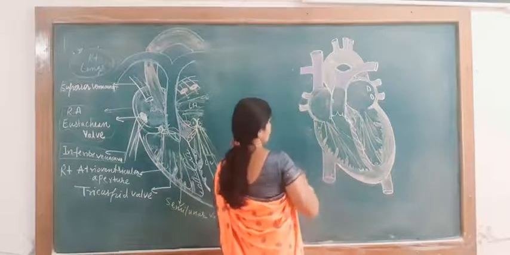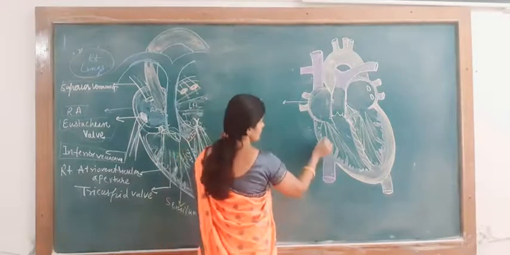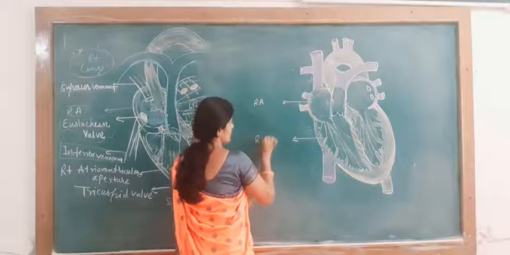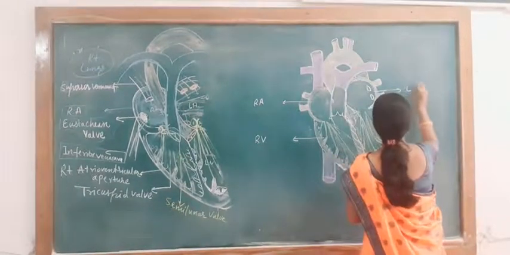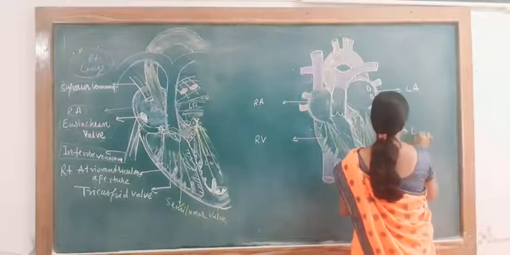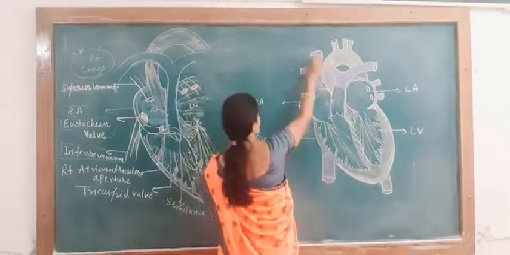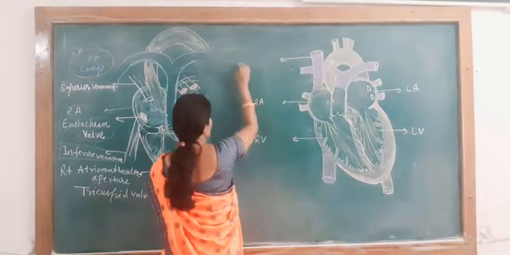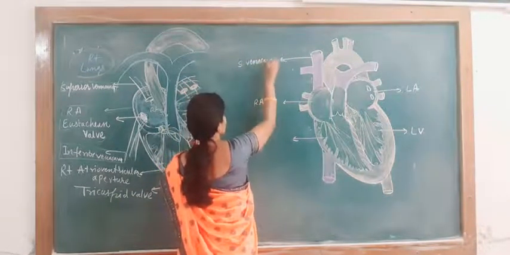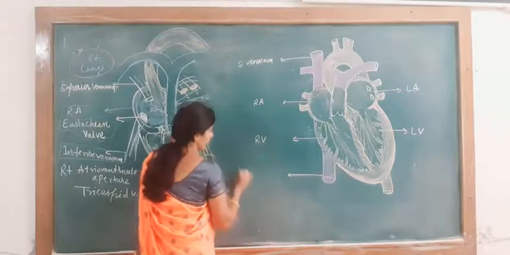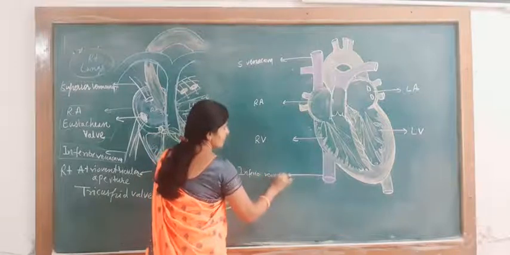This is the right atrium, right ventricle, left atrium, left ventricle. This one is the superior vena cava. This one is the inferior vena cava.